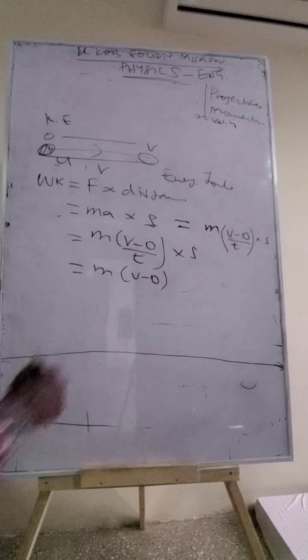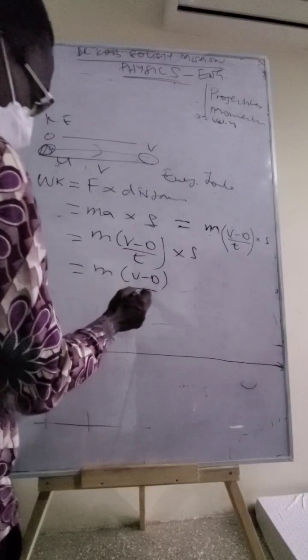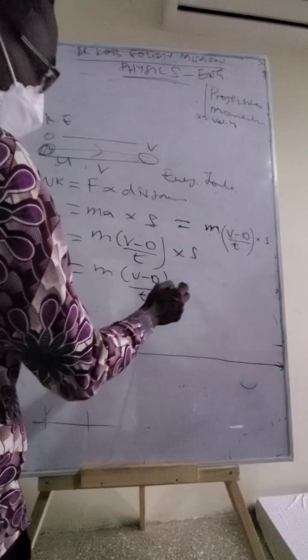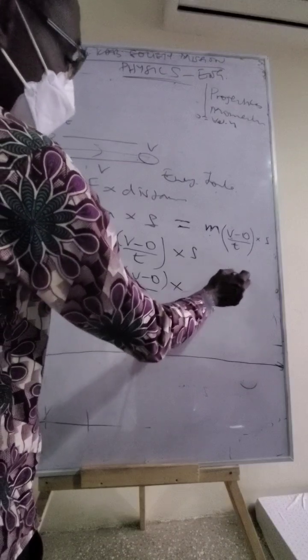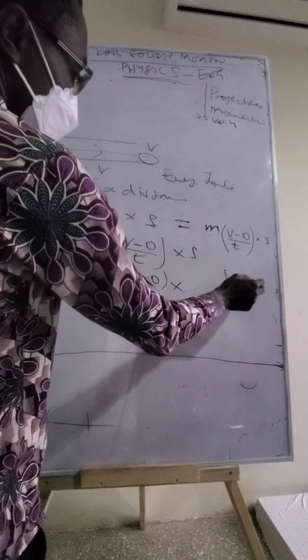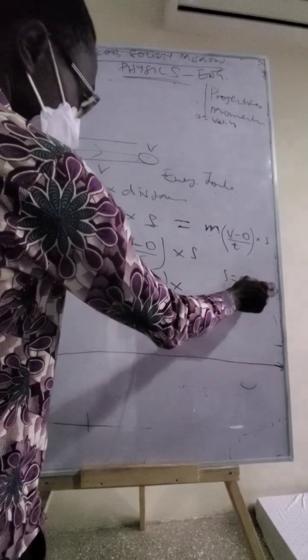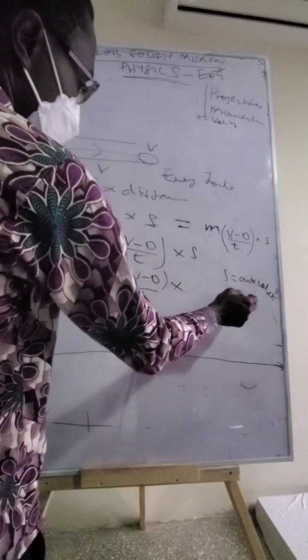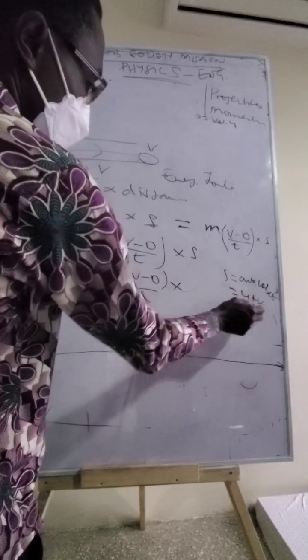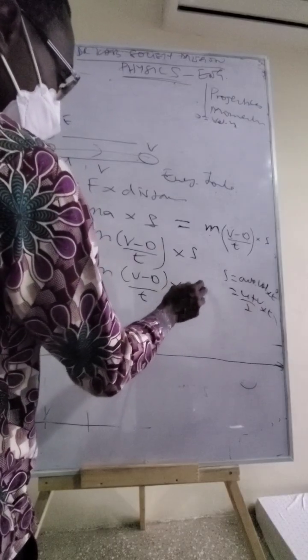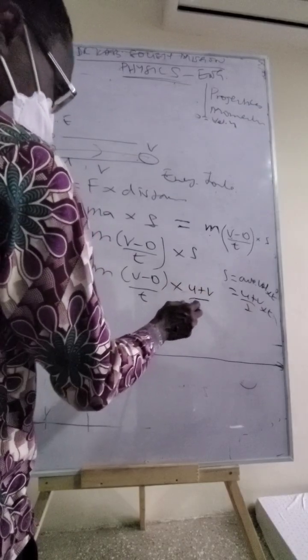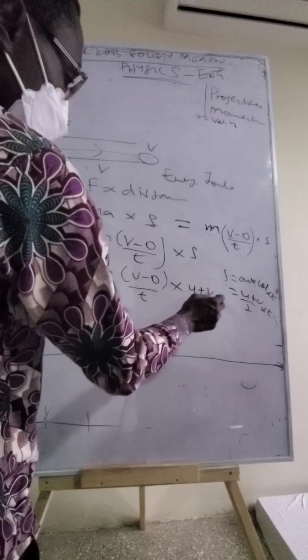Okay, so at this point, this is over t times s. Distance is also given by your average velocity times time, which is the same as (u plus v) over 2 times t. So let's substitute this one here. So we're going to get what? (u plus v) over 2 times t.